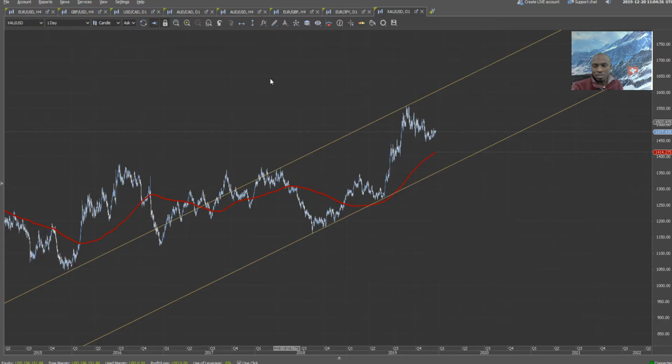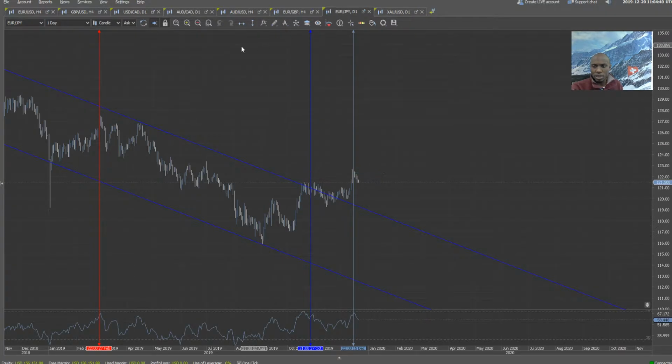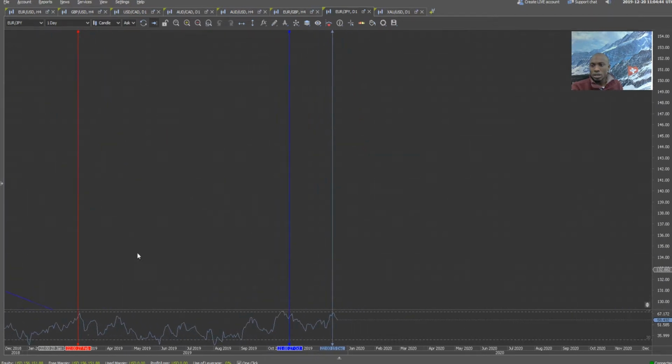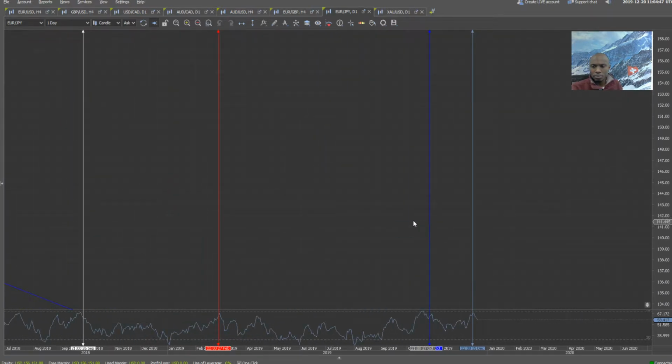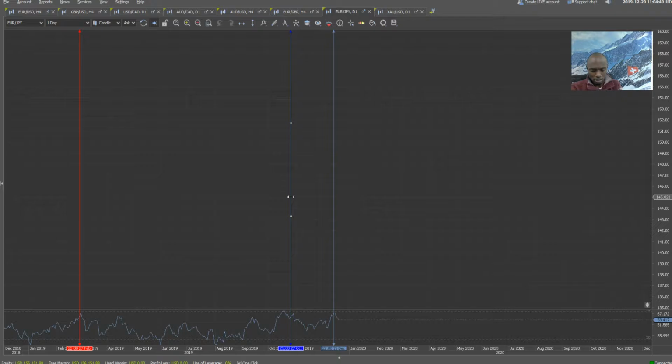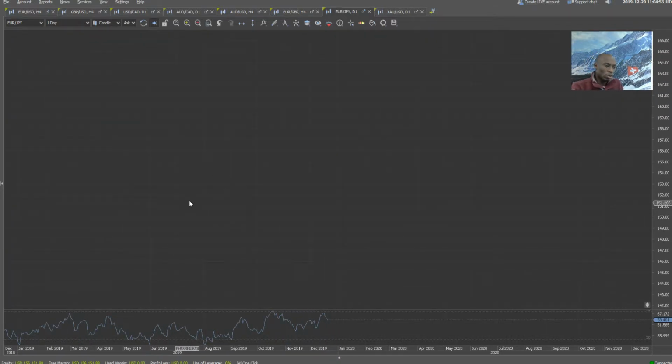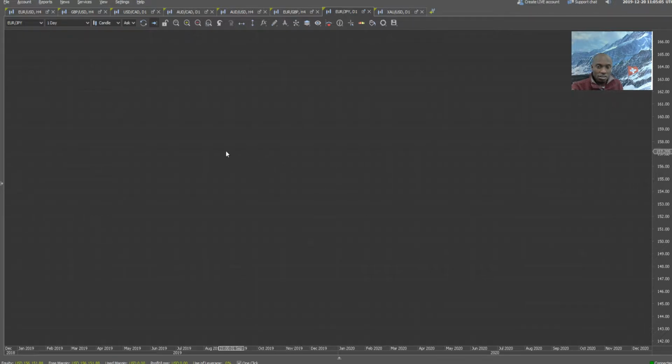Let me bring out this chart right now, and maybe I jump to one random currency pair. Let me take away all the stuff so that this chart will be clean. If you want to get the value of stochastic indicators, it's very simple.